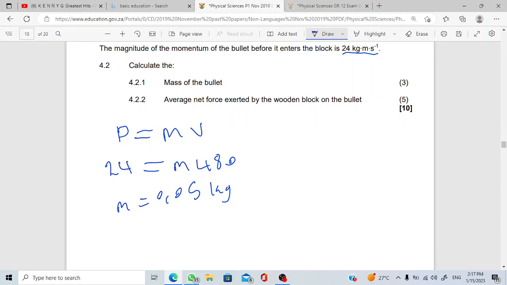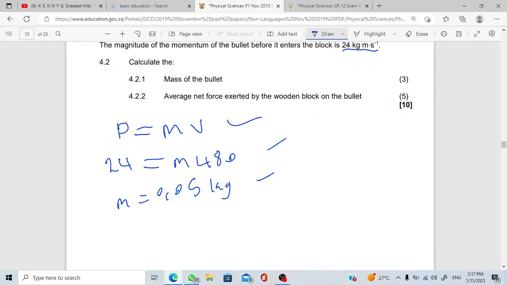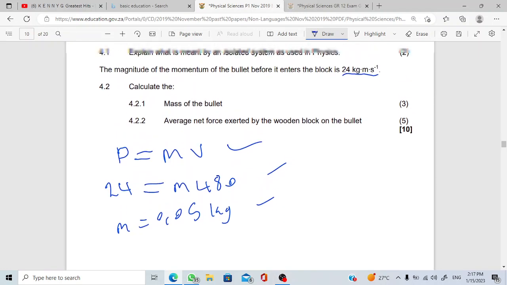Okay, now 3 marks: 1 mark formula, 1 mark substitution, 1 mark final answer with units. Now 4.2.2, calculate the average net force exerted by the wooden block on the bullet.